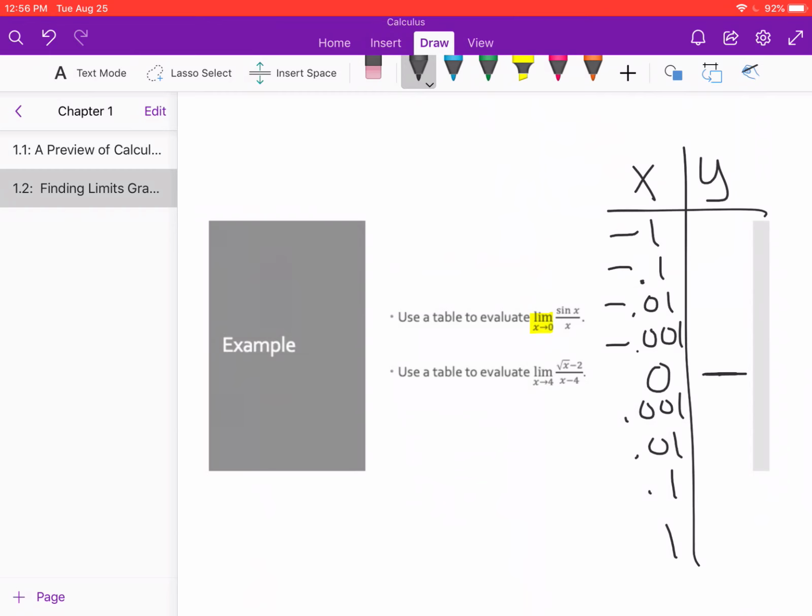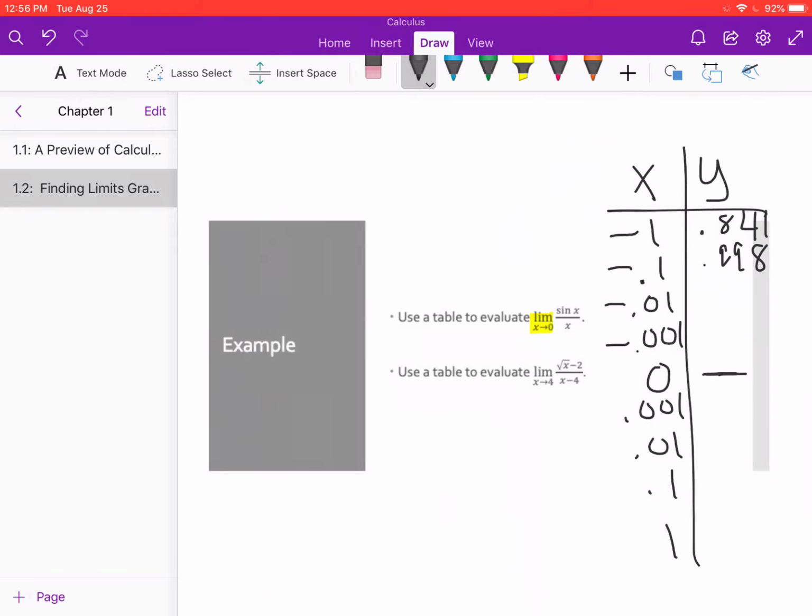So if we take sine of x divided by x, if you're using a calculator, make sure that you're in radians. That's going to change your values pretty quickly. So if I plug in -1, I get about 0.841. If I plug in -0.1, we get 0.998.